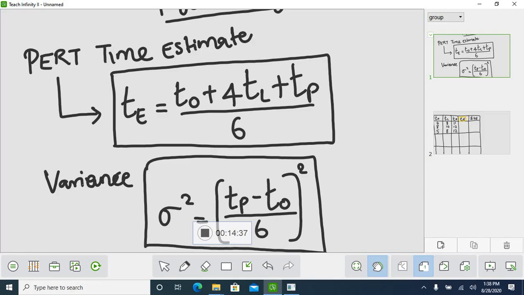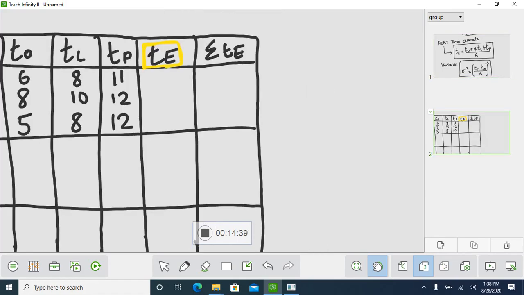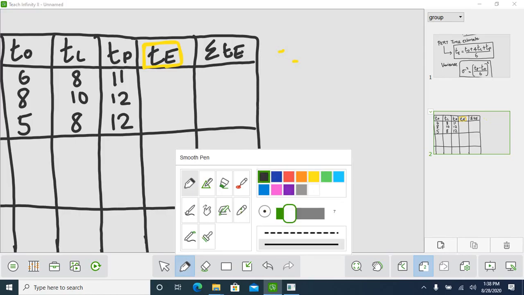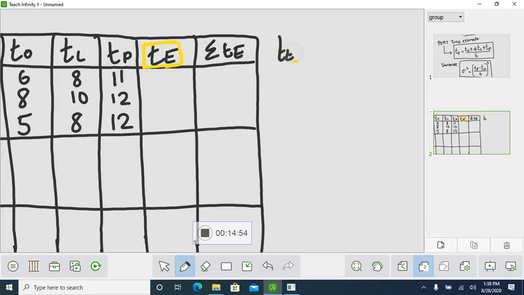So this formula we are going to apply over here and find our expected time.